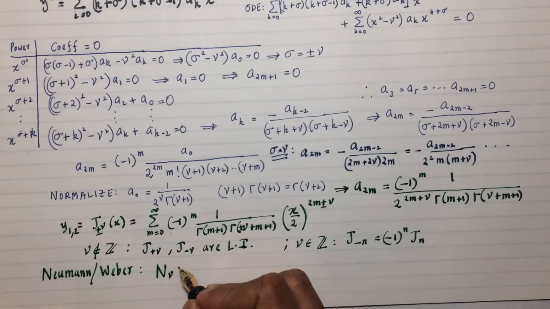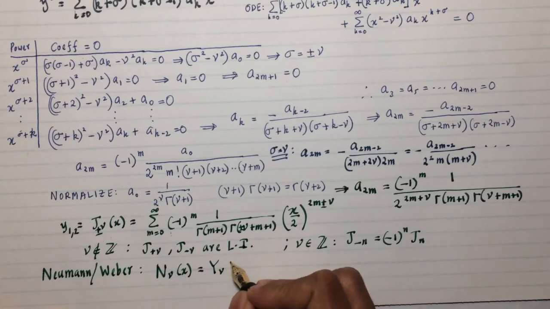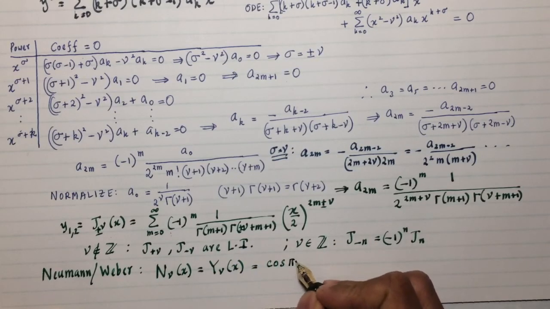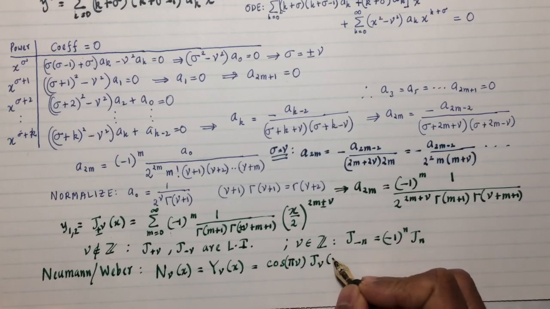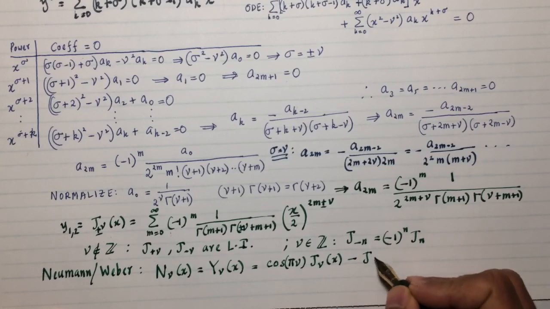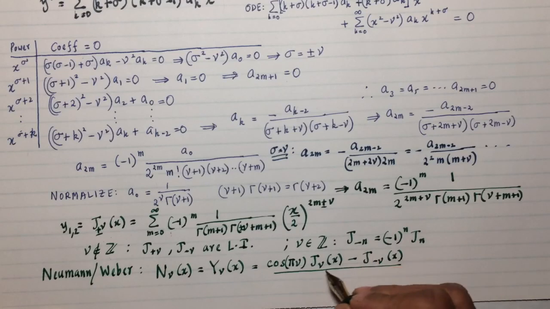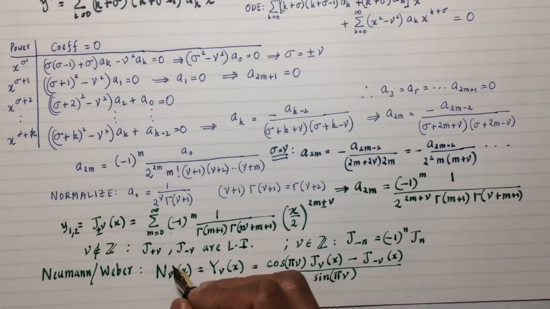So n nu of x, which is equal to sometimes y nu of x, is given by cosine pi nu j nu x minus j minus nu x divided by sine pi nu. So this is defined for all nu, and in general it's not a bad thing to always think of this as a second solution rather than j minus nu.